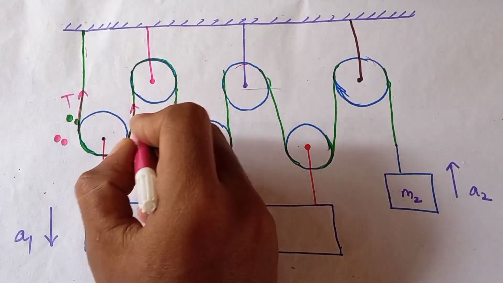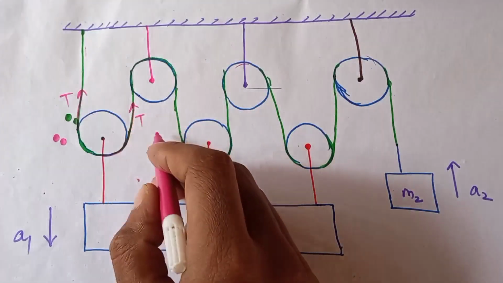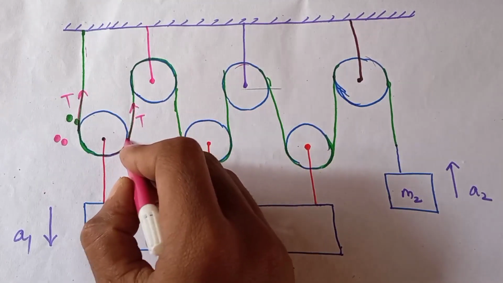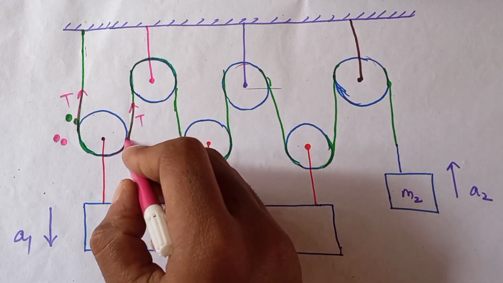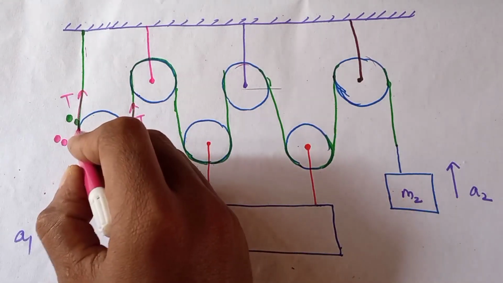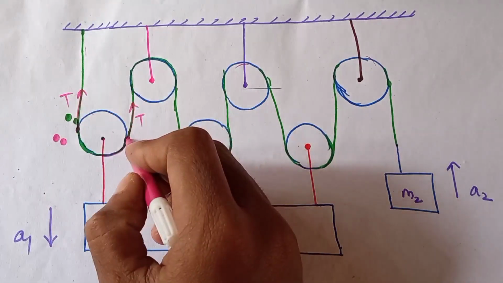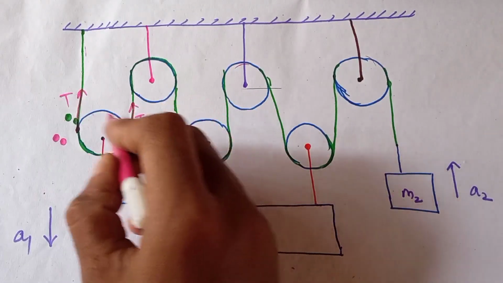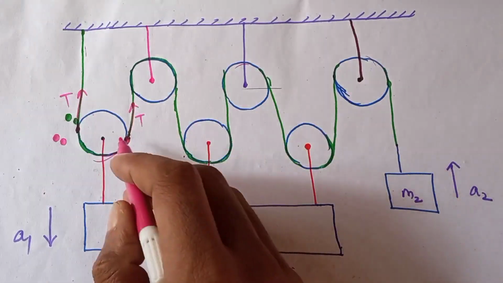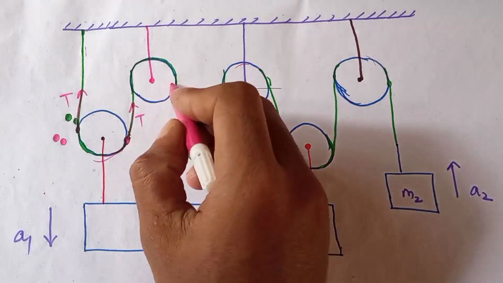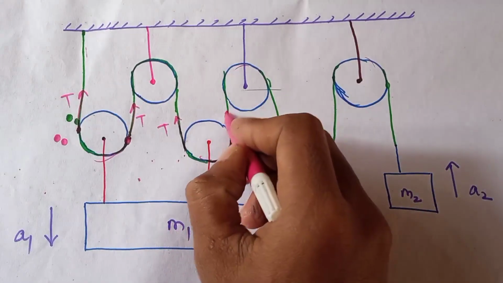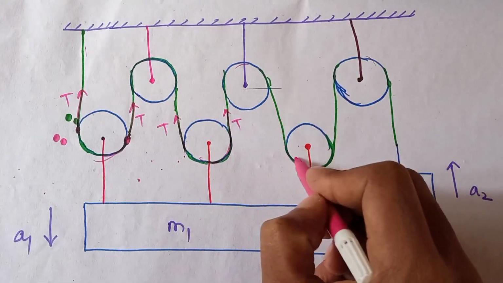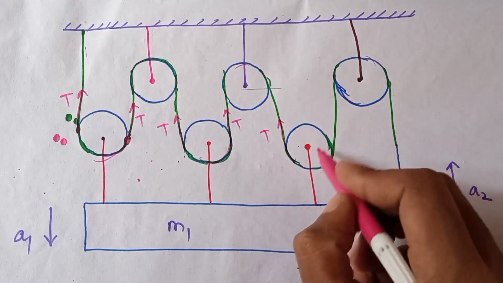Tension is always directed away from the end point, or tied point. Tension here will also be T because this is the same string. Again here also the tension will be T, because this is the same string.